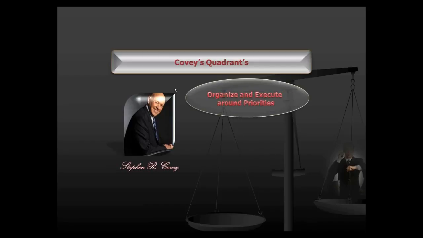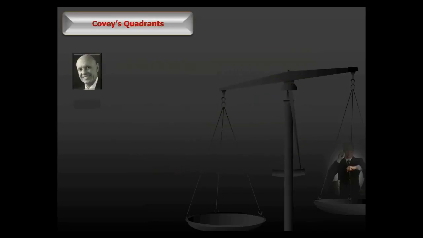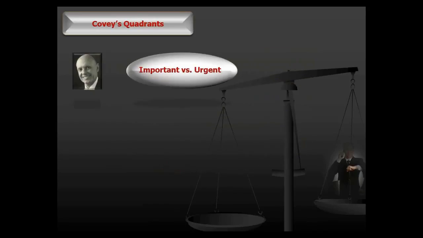Okay, the 4 quadrants, we'll take a look at in a minute. The 4 quadrants are meant to allow us to organize and execute around priorities, and all the tasks fit into one of those 4 quadrants. Okay, now let's take a look at what these 4 quadrants are.